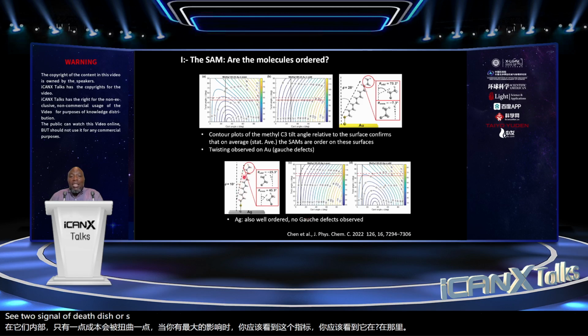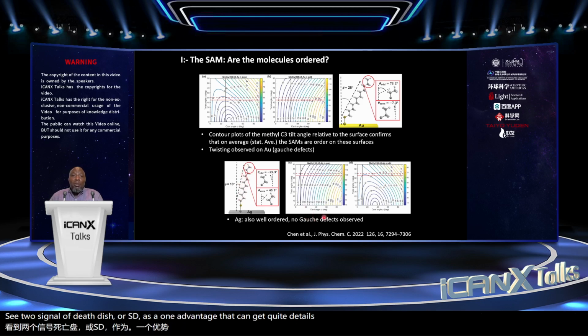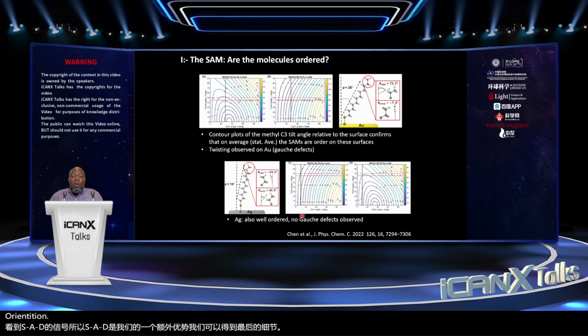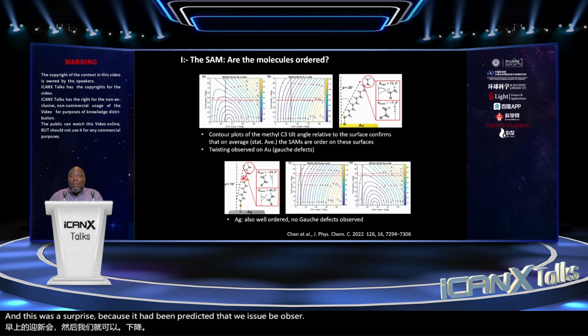So SFG has that one added advantage that we can get finer details about the orientation of the monomer than we can get with droplets. And this was a surprise because it had been predicted that it should be observable up until you have C14. But on silver monomer, the more upright ones, we were not able to observe that at all.